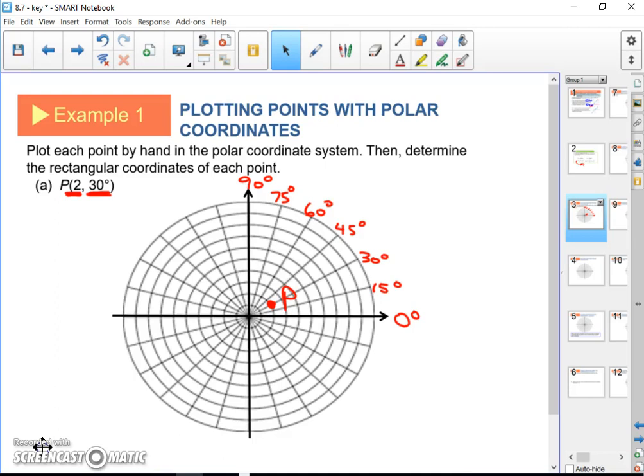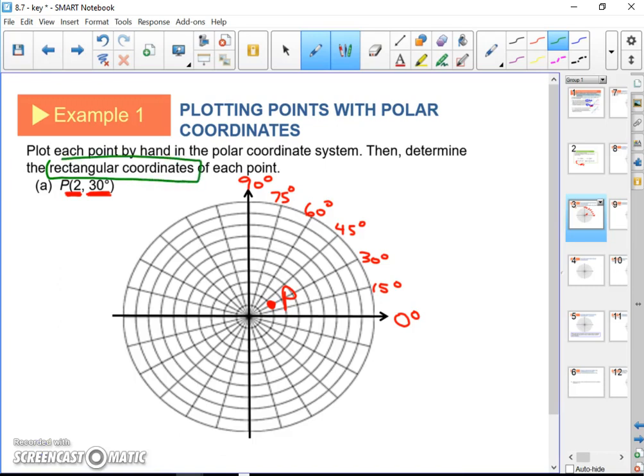But then notice it says to determine the rectangular coordinates. Anytime they say that, they're talking about x and y. And we know how to do this because we've done it the last couple of sections. If I want to find the x part, I'll take 2 cosine 30 degrees. So use the chart. Cosine 30 is what? Square root of 3 over 2.